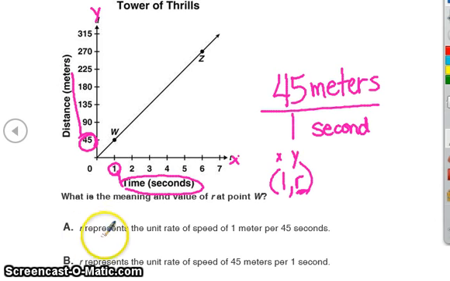A says R represents the unit rate of speed in 1 meter per 45 seconds. It's got meter and seconds in the correct order, but 1 and 45 are not in the correct place, so it is not A. B, R represents the unit rate of speed of 45 meters per second. That's what I've just written there, and that's the answer choice I think looks the best right now.